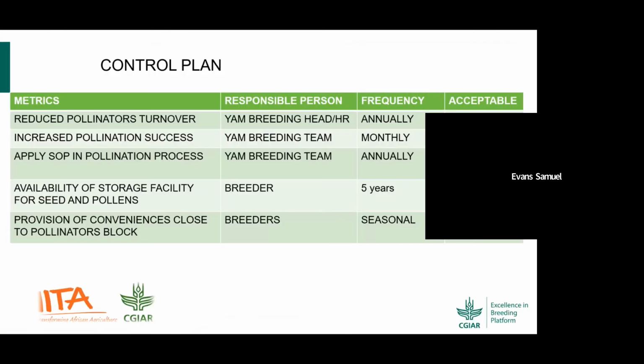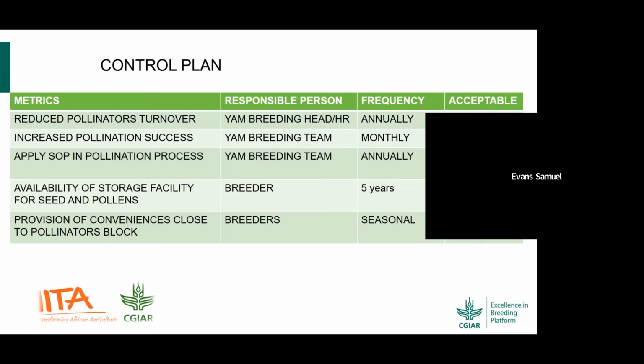Next slide, please. The control plan is a tool that will help us to know what we have achieved, the responsible person, the frequency of checking, and the acceptable level.